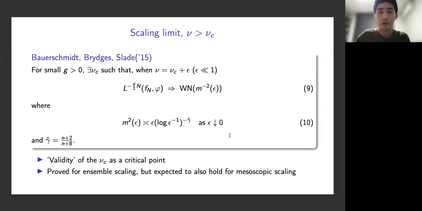And if you remember the definition of the critical point, it's the point where the susceptibility starts to diverge. So this statement checks the validity of nu_c as the critical point. And it is proved for the ensemble scaling. However, it is not unreasonable to expect that this holds for any type of mesoscopic scaling limits.